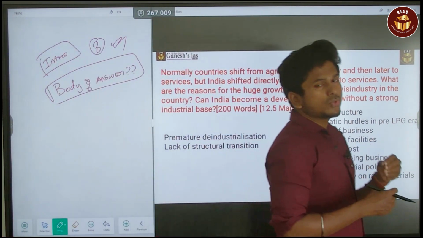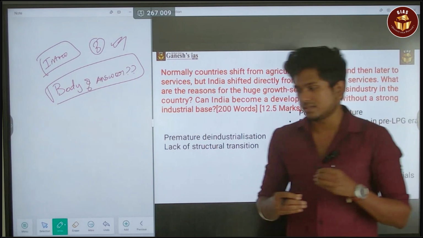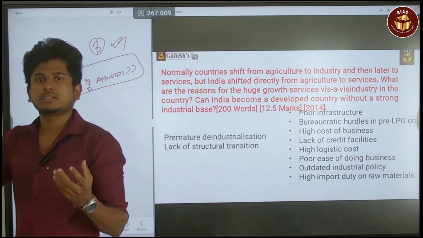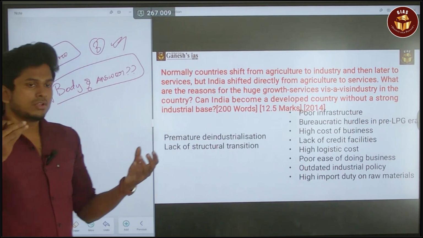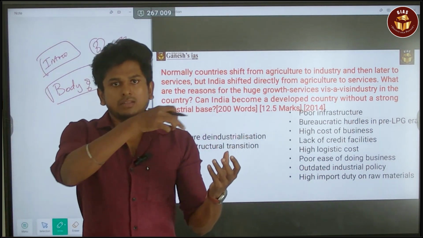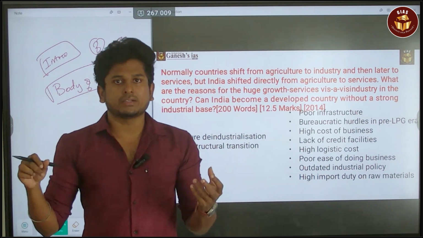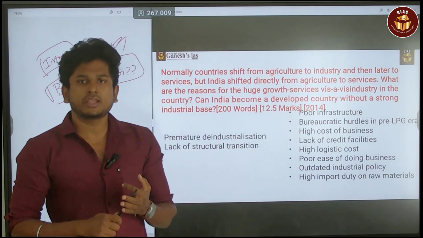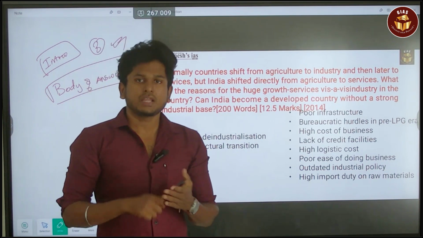premature deindustrialization, because consider that there is a raw material, and then the industry, and then the market. All these three things need to be connected, either through roadways, inland waterways, airways or railways.